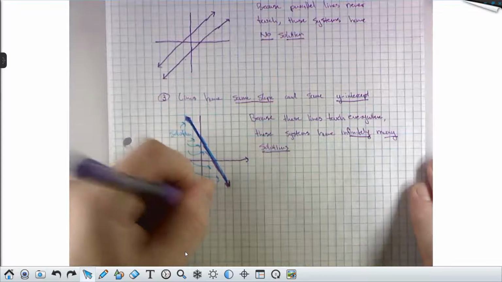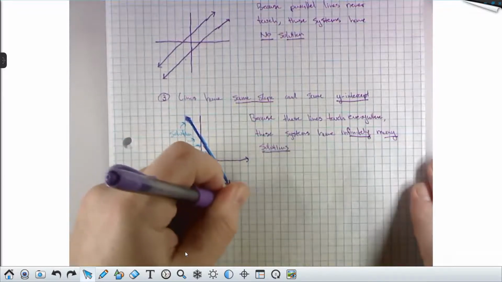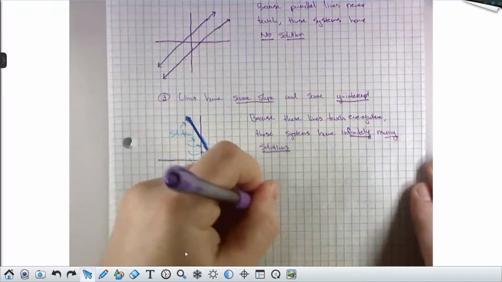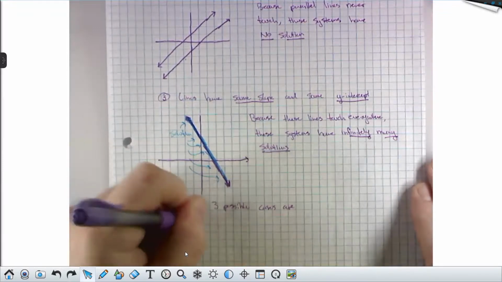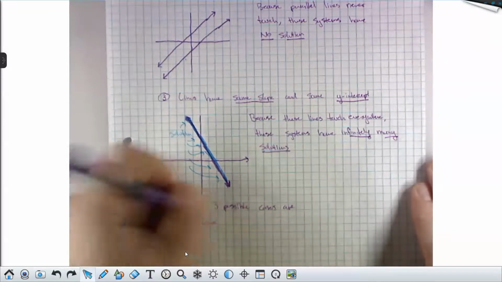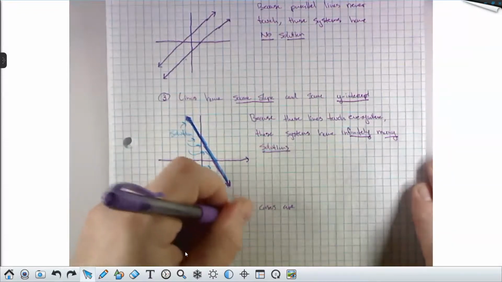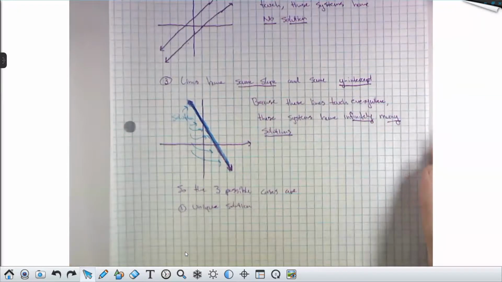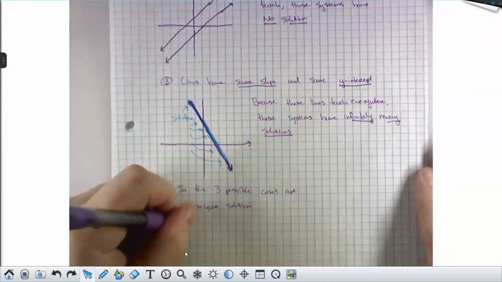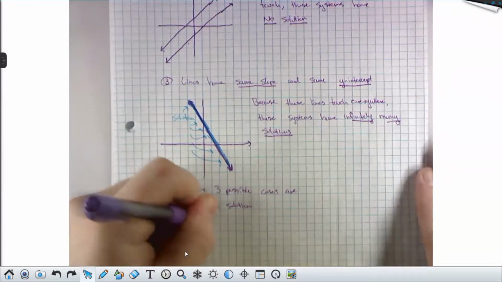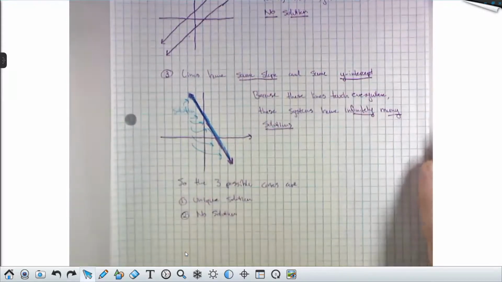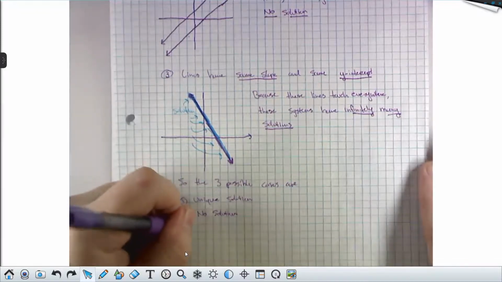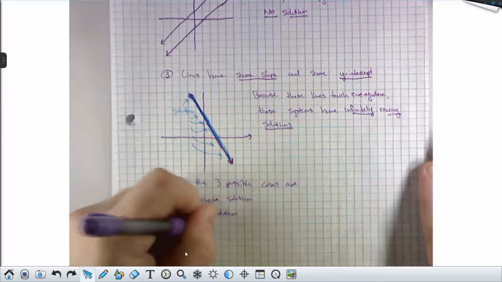So the three possible cases are a unique solution, meaning one ordered pair solves the system, no solution, those lines never touch, there is no ordered pair that solves the system, or infinitely many solutions.